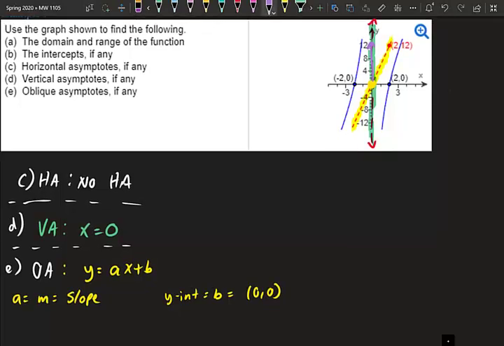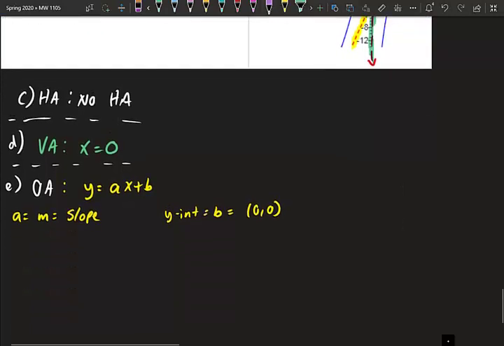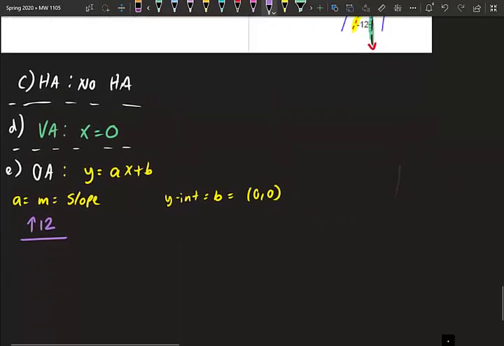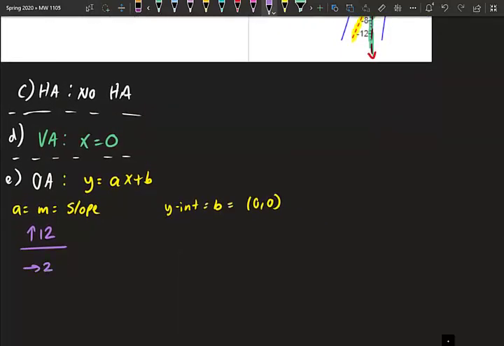So we go up 12, and then we go right 2. So that's 12 over 2, which is 6. So we could plug it in. We have our oblique asymptote at y equals 6x plus 0, or y equals 6x. That is our oblique asymptote.